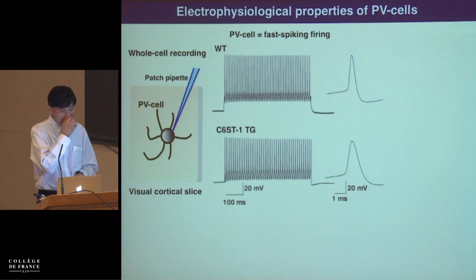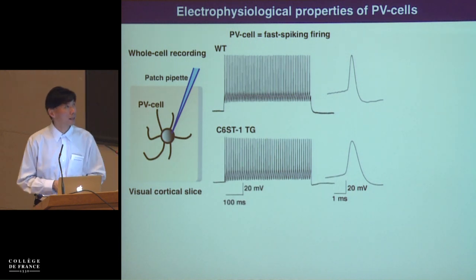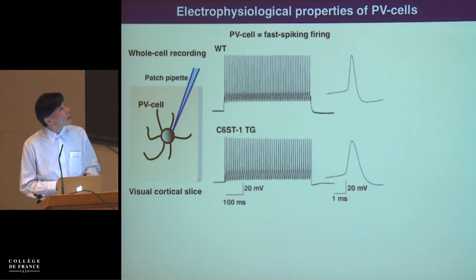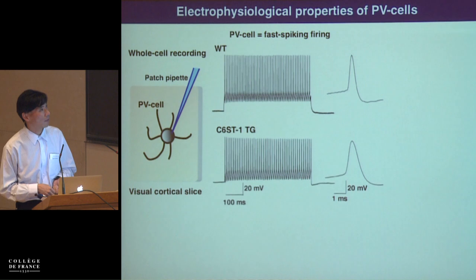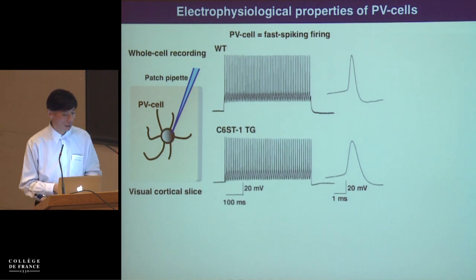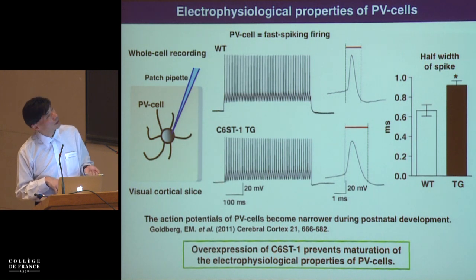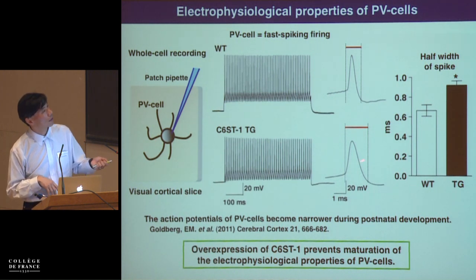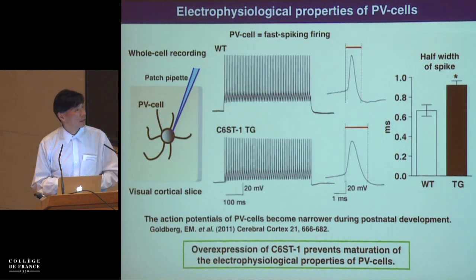So we finally examined the electrophysiological properties of PB cells. The basic fast-spiking firing pattern was not significantly affected in transgenic mice. However, action potentials in transgenic mice were significantly wider than those of wild-type mice.